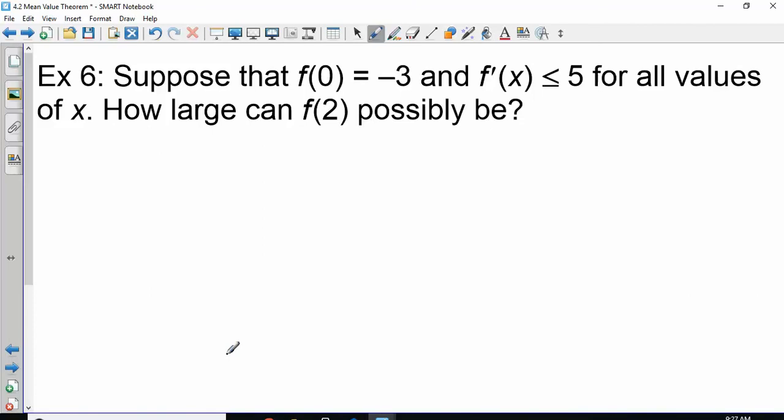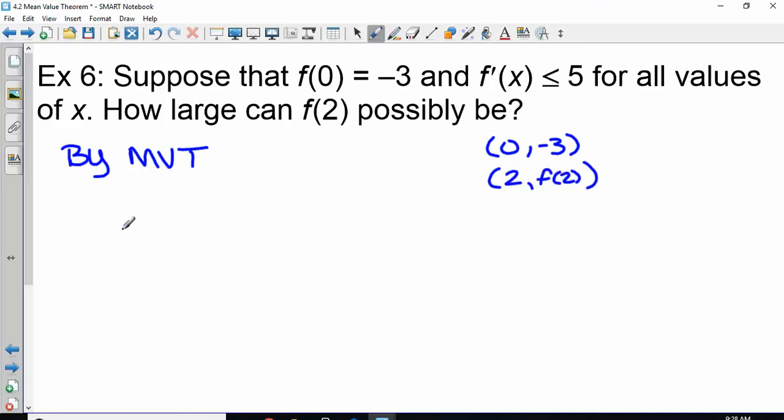Okay. So let's assume that this function is continuous and differentiable, otherwise none of our stuff would work. We know by the mean value theorem, you should just write MVT, mean value theorem, the derivative has to equal the slope between these endpoints, right? So your points are like 0, -3, and 2, whatever this f of 2 is.